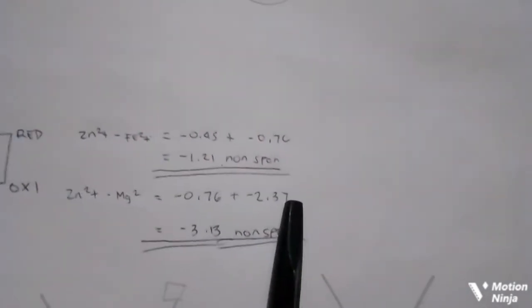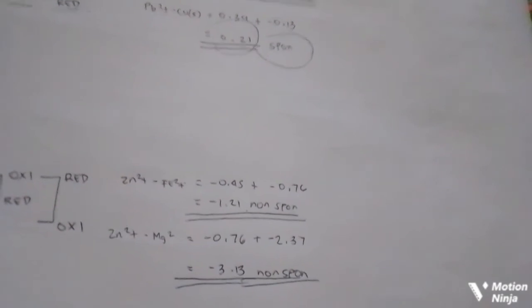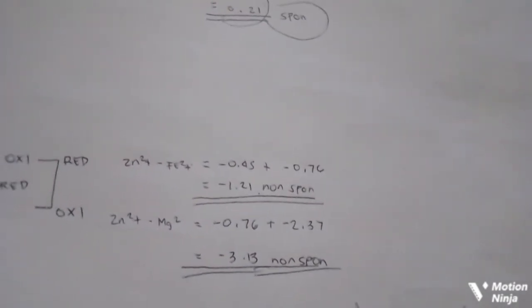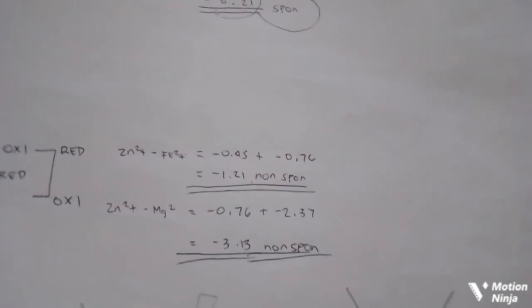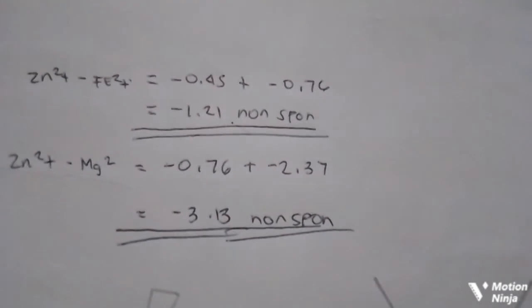So our formula is E cell equals the cell potential of reduction plus the cell potential of oxidation: negative 0.76 plus negative 2.37 is negative 3.13, which is a non-spontaneous reaction.